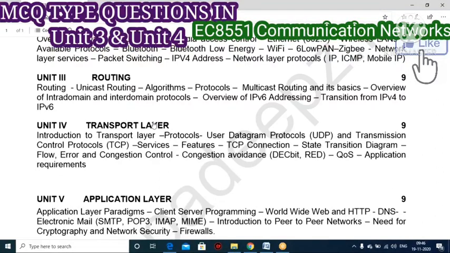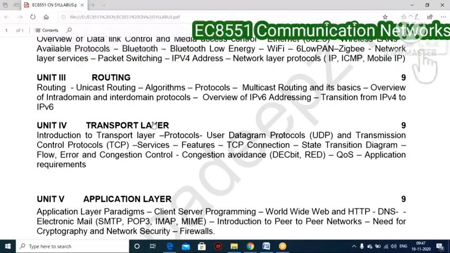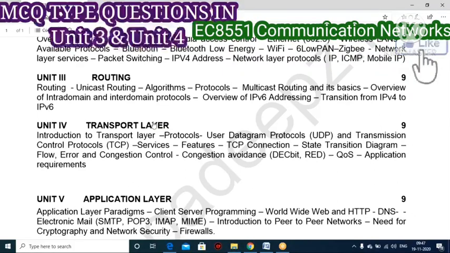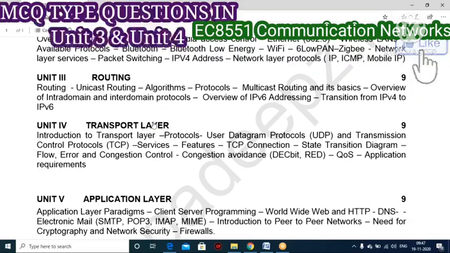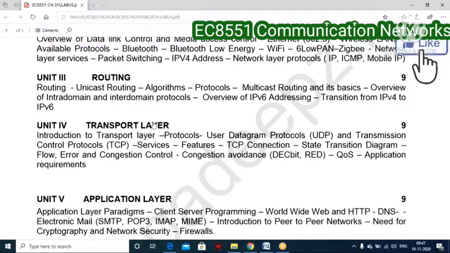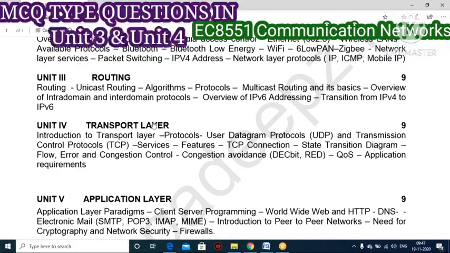One is interior gateway routing protocol, that is IGP, and another one is exterior gateway routing protocol, that is EGP. From IGP, you classify into another three leaves. One is a link state routing protocol, another one is distance vector protocol, and the third one is hybrid routing protocol. Like this, you draw one classification tree.